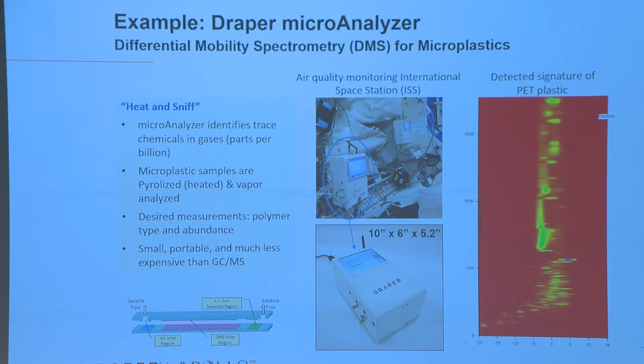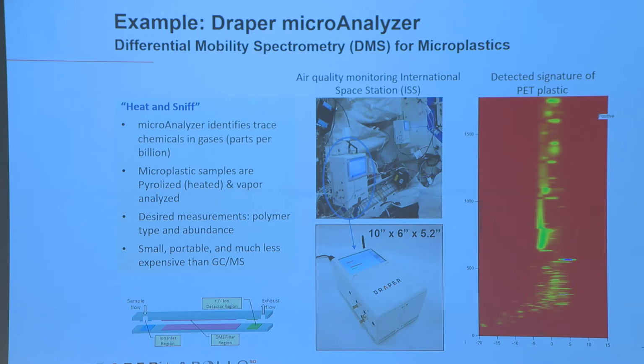Draper has a system called the microanalyzer, and it's a differential mobility spectroscopy system. It essentially is a very sensitive detector for chemicals in vapor form. So if we pair this device with pyrolysis equipment, we think it's possible to have a much more portable and compact system that we could deploy.